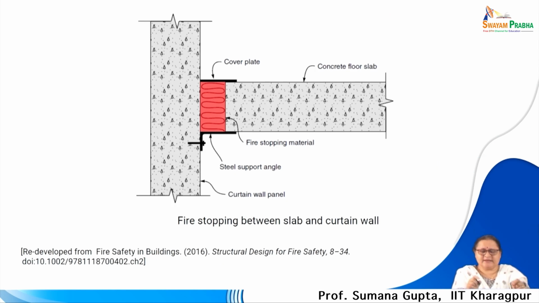So, you can see here in this picture a little technical drawing. You can see this is the fire stopping material between the curtain wall or even the wall. It may be a brick wall, it may be a concrete wall, it may be just a thin curtain wall or a glass wall.